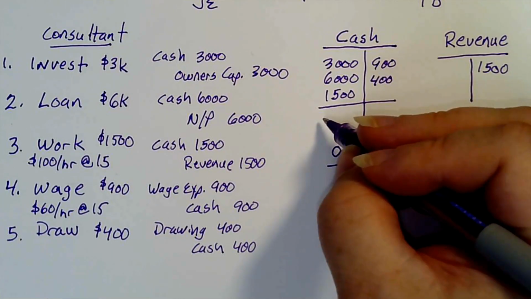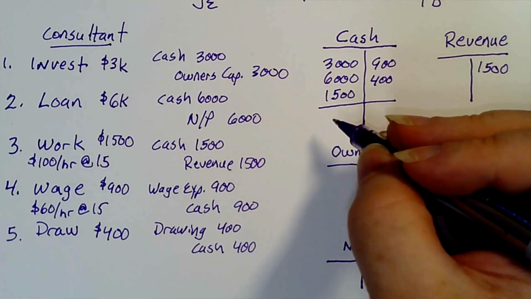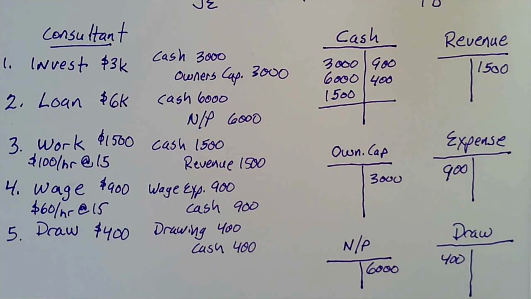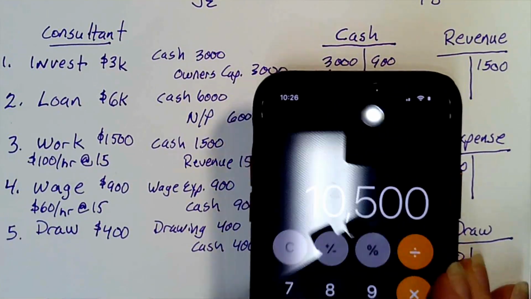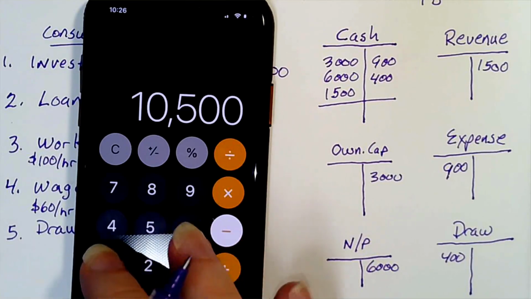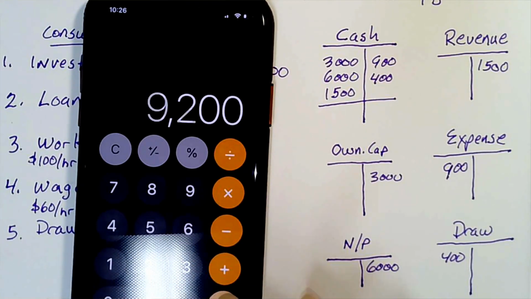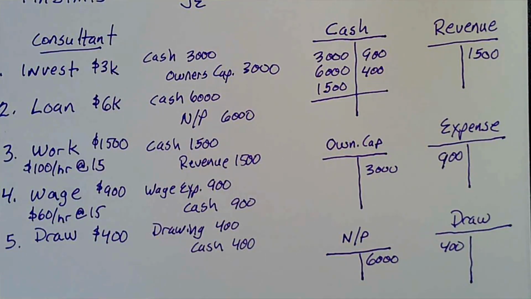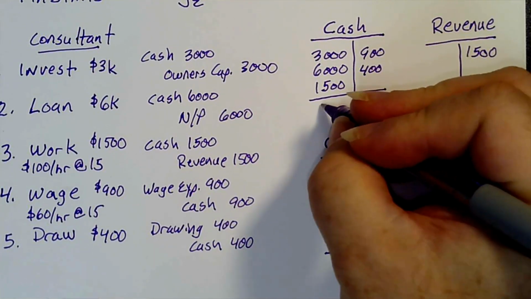So what is that? Is that going to be 9,200? Sometimes when I'm talking, I just want to double check. 10,500 minus 1,300, right? So the balance in our account is going to be 9,200.